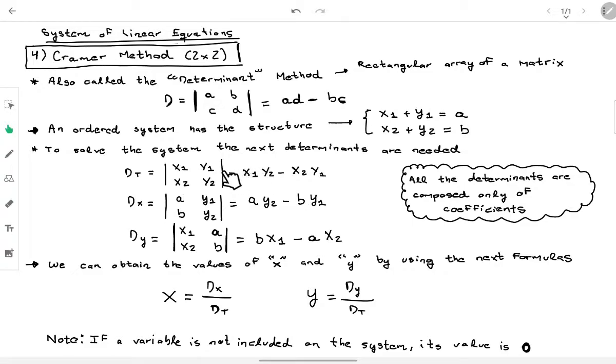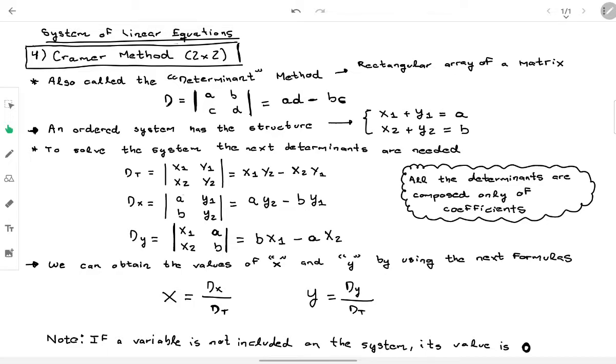How to calculate the determinant? Remember, cross multiplication. This line is positive, this one is negative. That's why we have it here. In the case of the determinant of x, it's going to be this line that is positive, this line that is negative. So that's why we have this specific formula. And the determinant of y will be this one positive multiplied by minus this multiplication of these two negative.